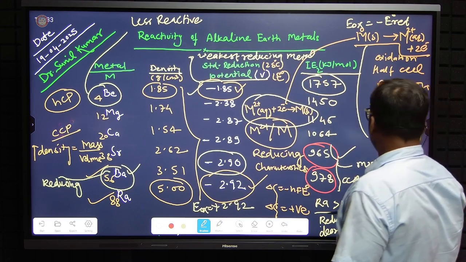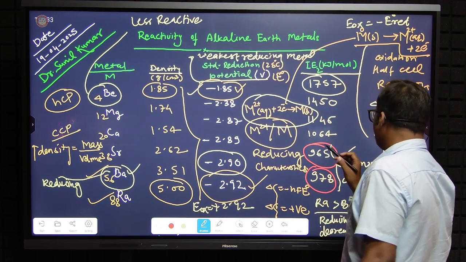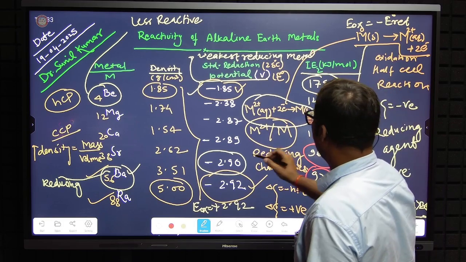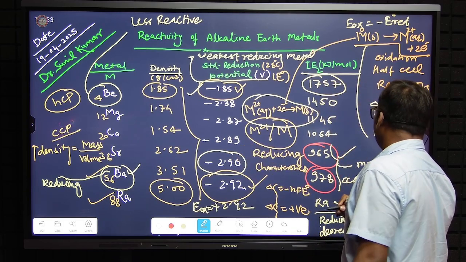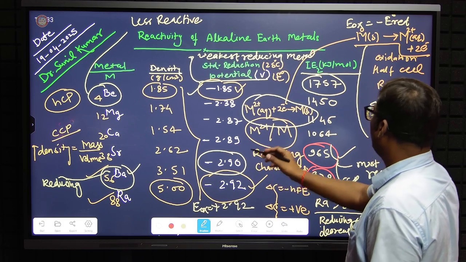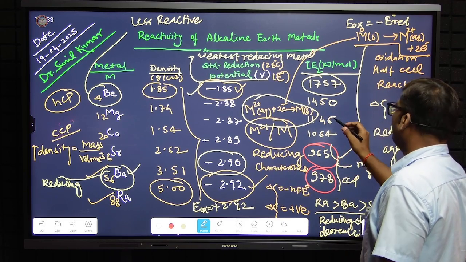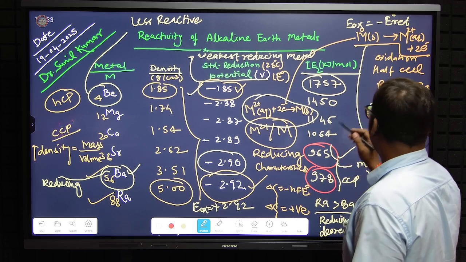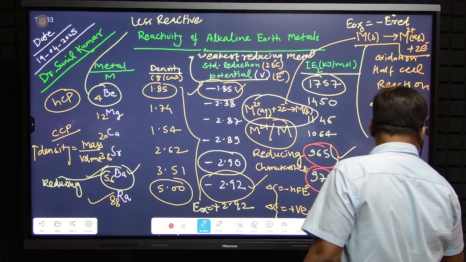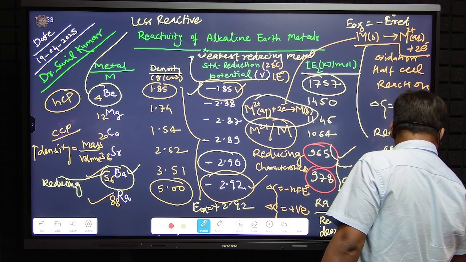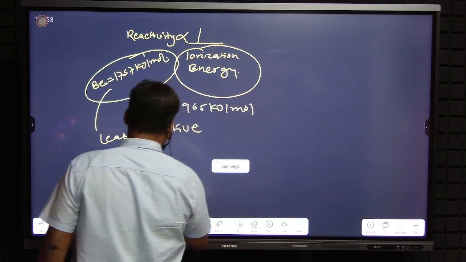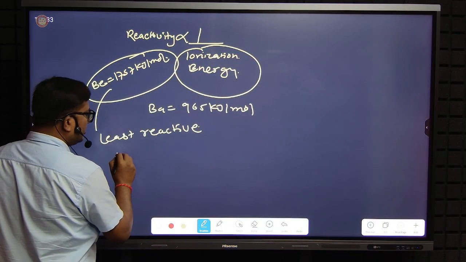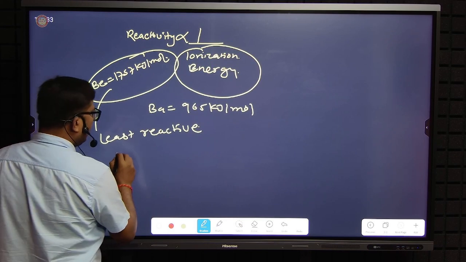Third most reactive is strontium, and then calcium, and then magnesium, and then beryllium. So the reactivity order is, that is, barium.